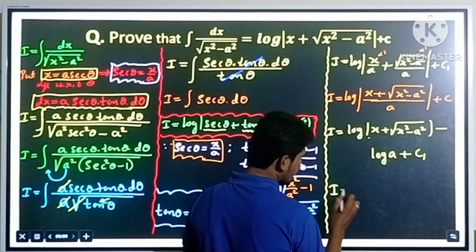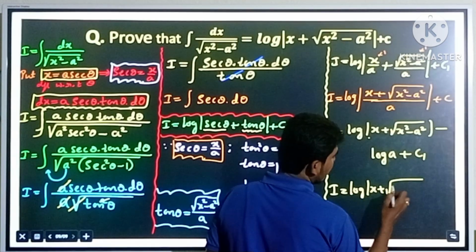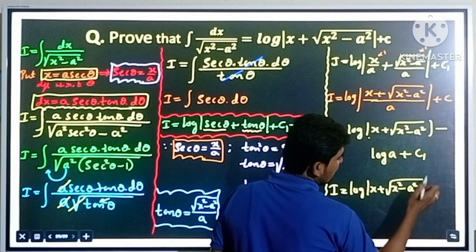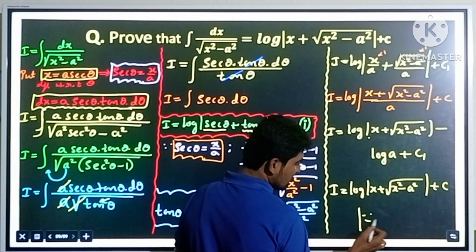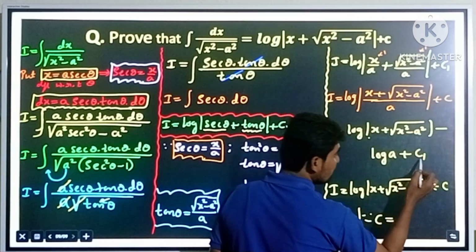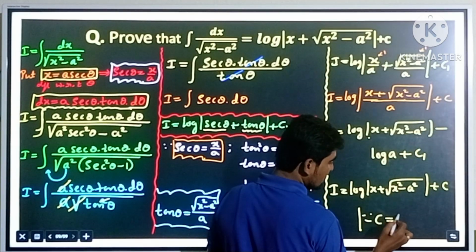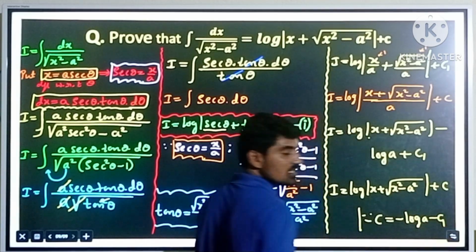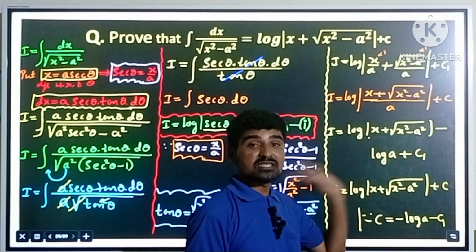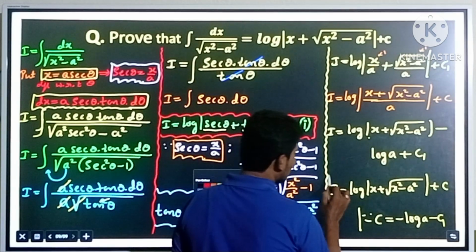So final answer I is equals to log of x plus root x square minus a square plus c. Why? Because here c1 is a constant and minus log a is also constant, so c1 minus log a is also a constant. Constant minus constant is a constant. That's why plus c. So this is the required proof of the given integral.